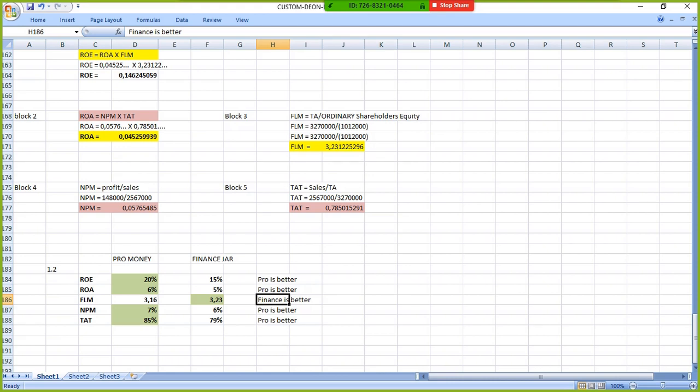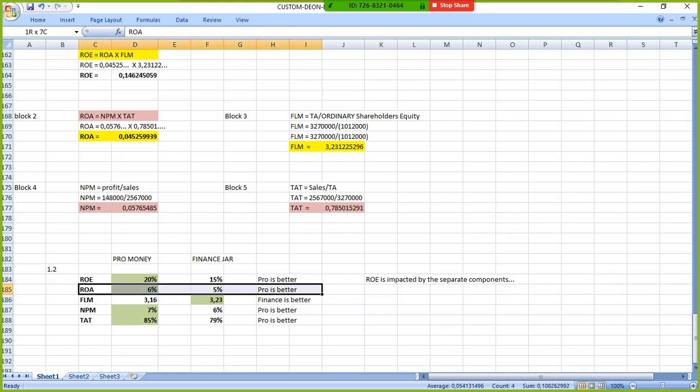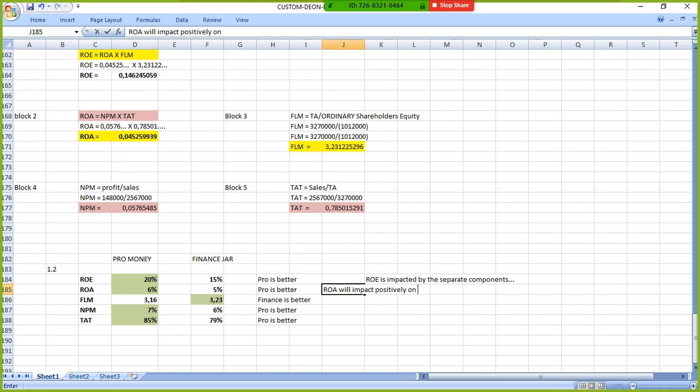They can do more. Right, because remember, financial leverage is going to affect your return on equity. Okay, so ROE is impacted by the separate components. Right, and each component will contribute to the ROE. So Pro is better because ROA will impact positively on ROE.